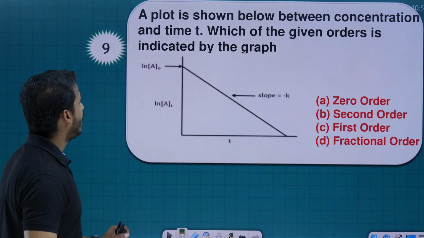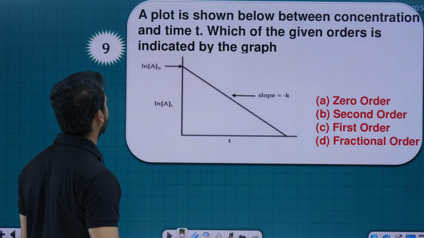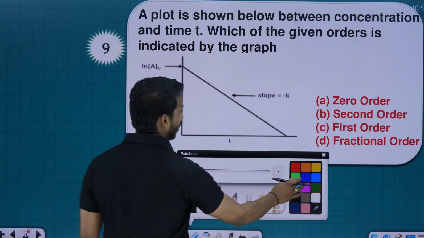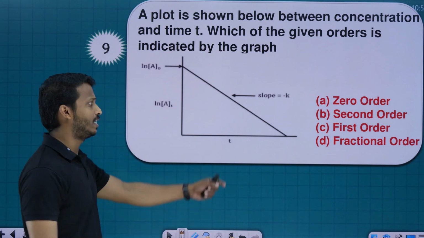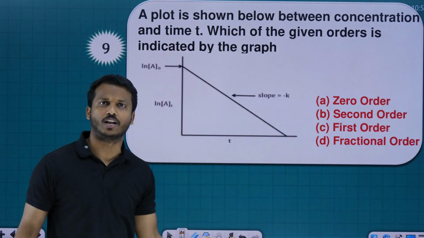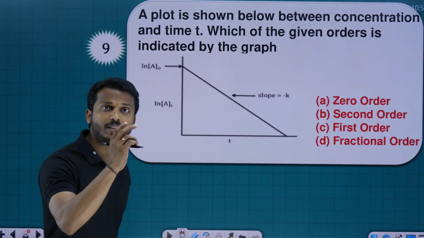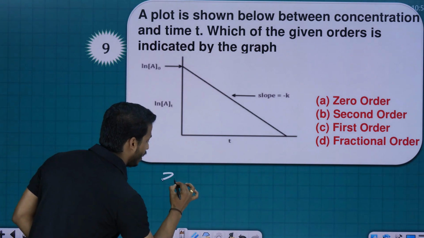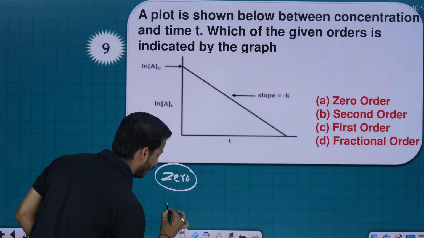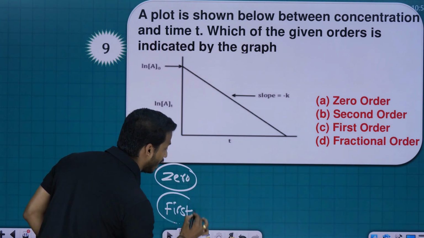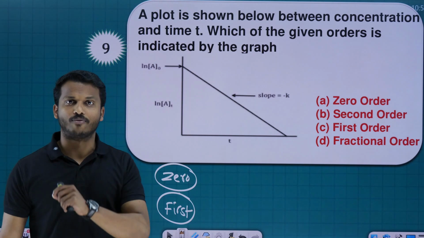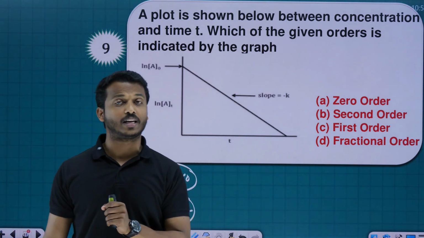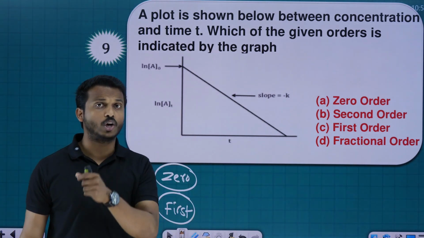Next one, a plot is shown between concentration and time. Which order is it? Is it zero, second, first, or fractional? Very simple here. Please remember these two data very carefully, okay? For zero order reaction, you may have studied one graph, one integrated rate law equation.